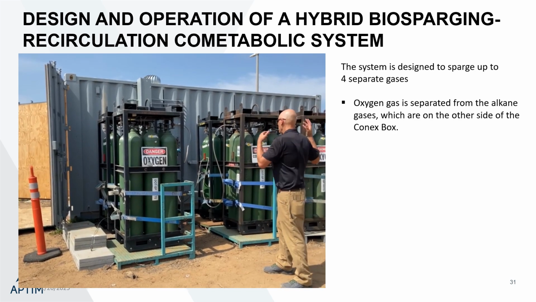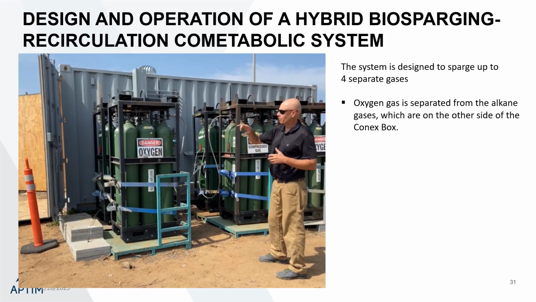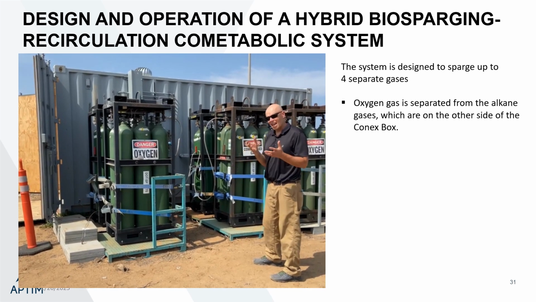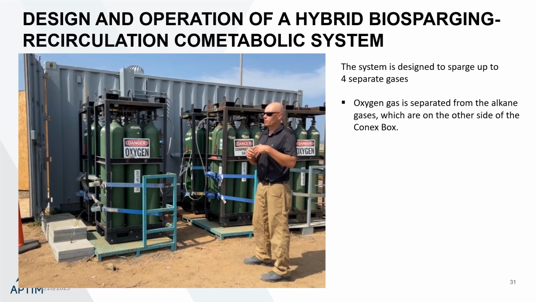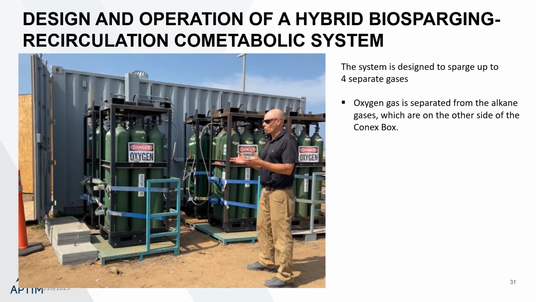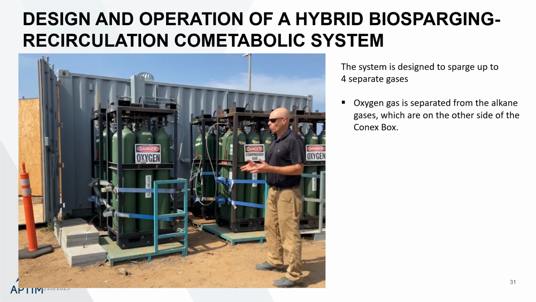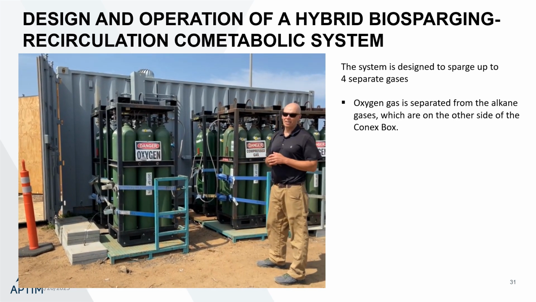So we move this oxygen in through the system, and there's a series of 5 different sparge wells, so the oxygen gets sparged into the ground and creates aerobic conditions. Then these methanotrophs and organisms that degrade isobutane will grow aerobically and biodegrade our chlorinated solvents, and for the isobutane degraders, the 1,4-dioxane.